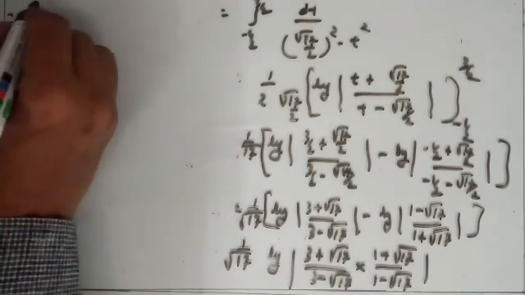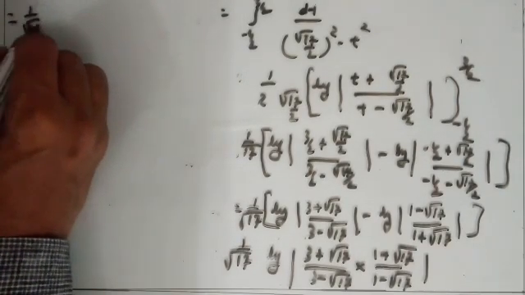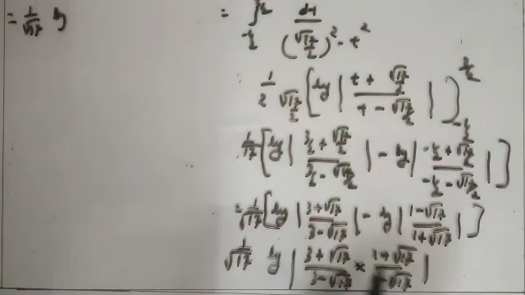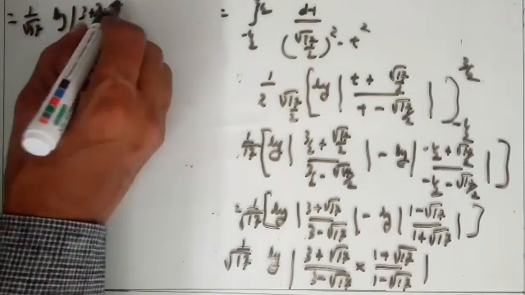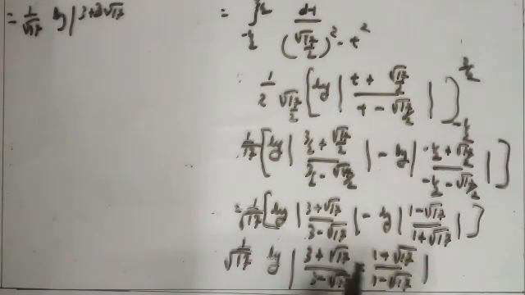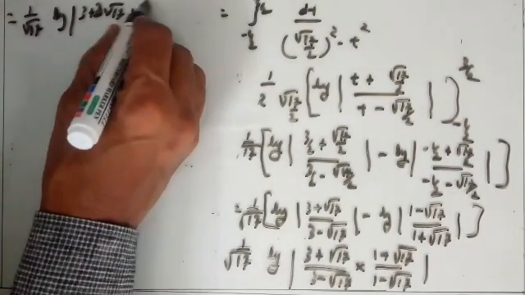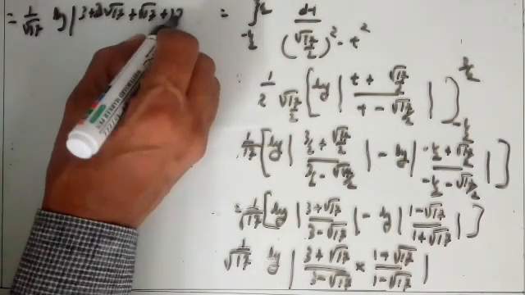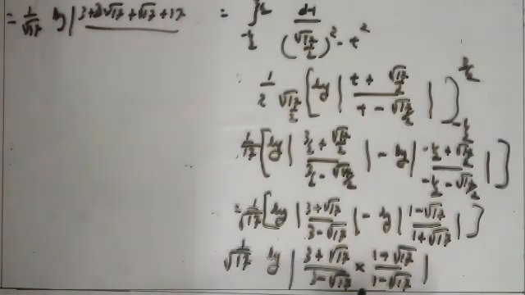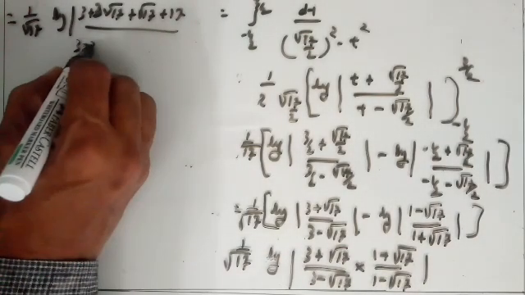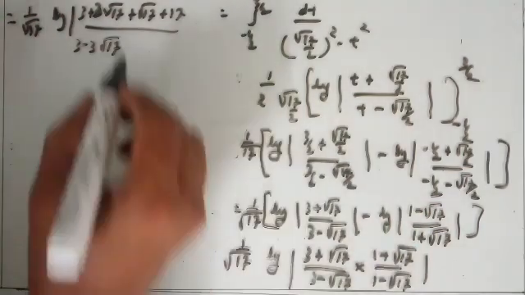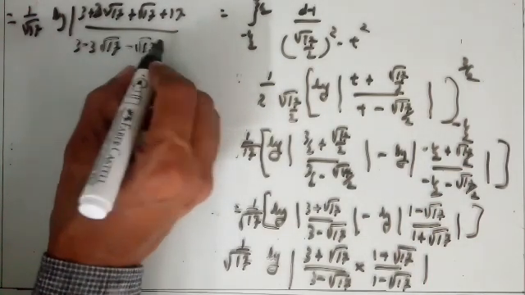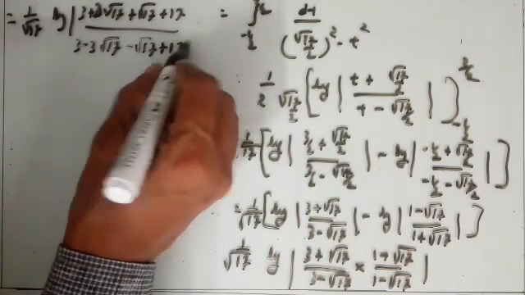So it becomes 1 upon root 17 log, taking 3 outside: 3 plus 3 root 17, then root 17 into these terms, that is plus root 17 plus 17, upon 3 into these terms, that is 3 minus 3 root 17, and minus root 17 into this term becomes minus root 17 minus minus plus 17. Clear?